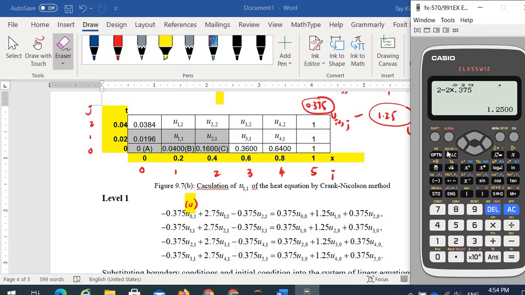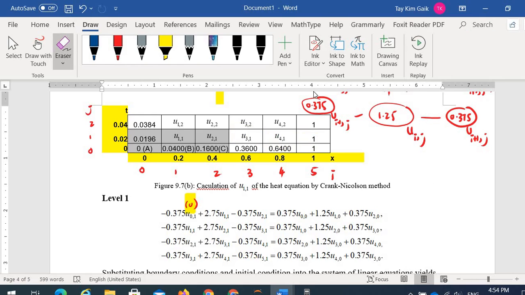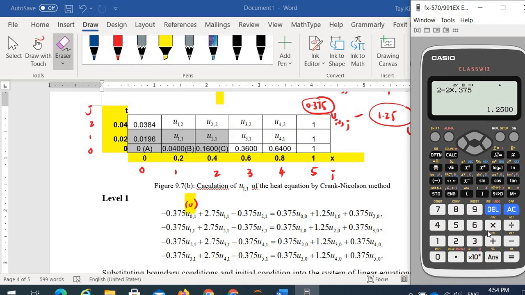Now the formula is actually from the bottom level molecule. You can put the formula: 0.375, left bottom represented using A, and then the center bottom coefficient is 2 minus 2r, which is 1.25. The center bottom cell is represented using B. The right bottom coefficient is 0.375.